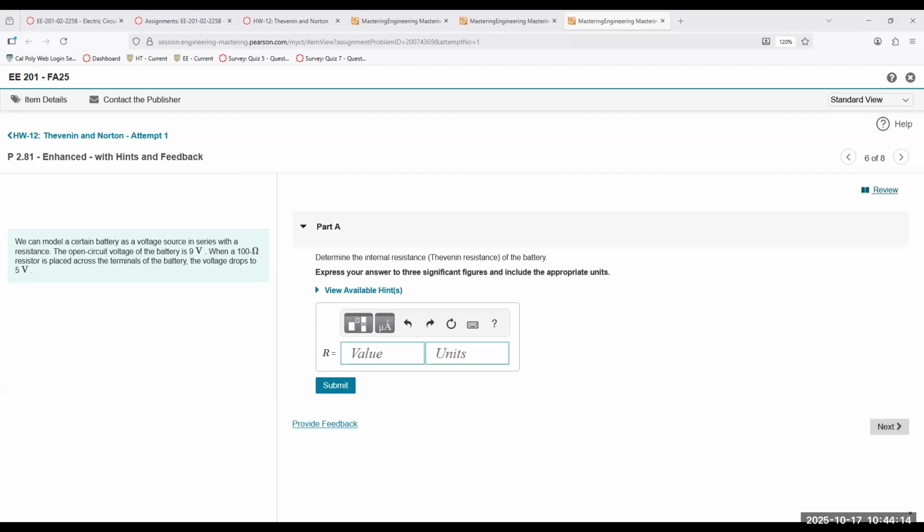Still, the value would still be RTH. This current came to be named after him, so Norton current. Some authors and researchers like to use RN, the Norton resistance. But the Norton resistance and the Thevenin resistance are exactly the same thing, no difference.